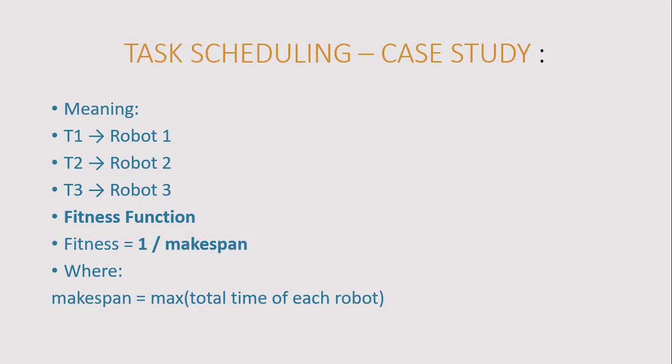It shows a clear meaning in the following slides. Task number T1 is assigned to robot 1. Similarly, tasks 2 and 3 are assigned to robots 2 and 3 respectively. So this is the meaning of the chromosome representation.